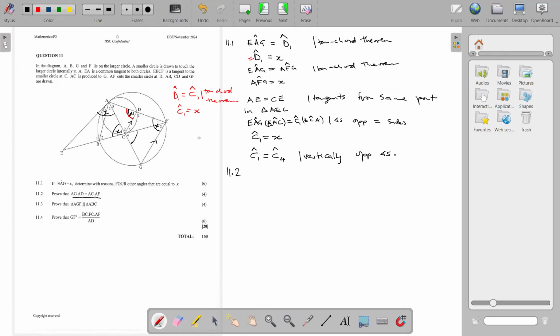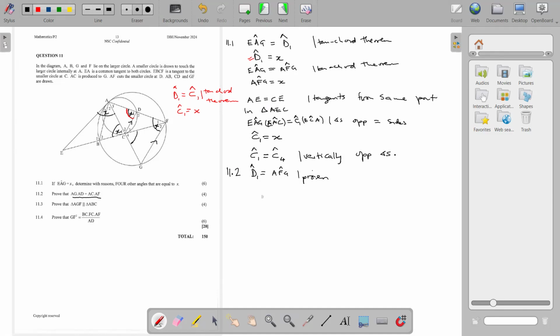That's our first statement: D1 is equal to angle AFG. It has been proven earlier both are equal to x.